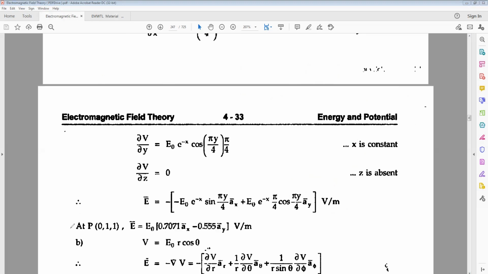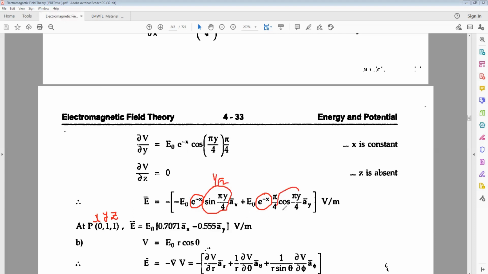We need the value at point (0, 1, 1). So x is equal to 0, y is equal to 1, and z is equal to 1. With x equal to 0, e power 0 is 1. Sine pi y by 4 with y equal to 1 is sine pi by 4, whose value is 1 by root 2.